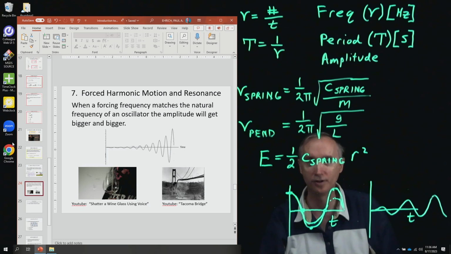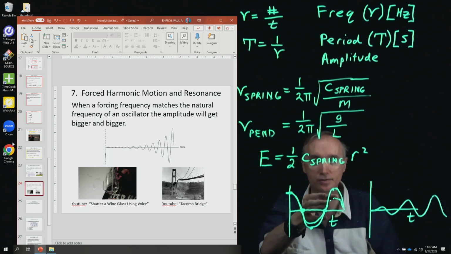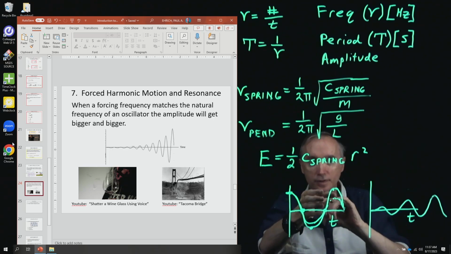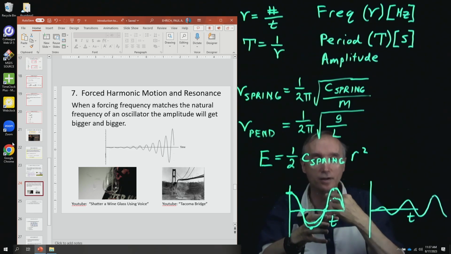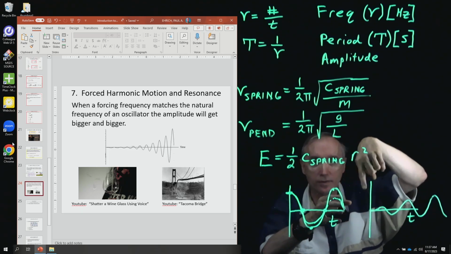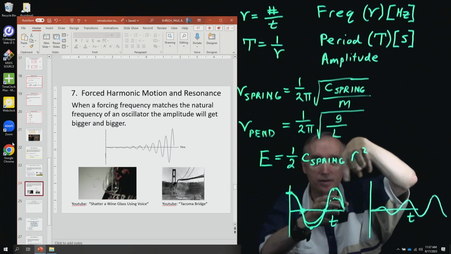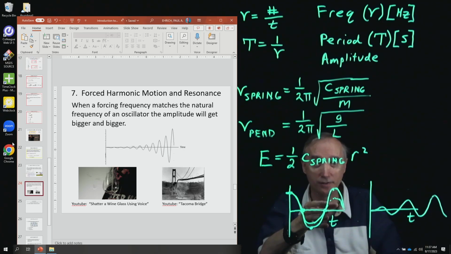Okay, pretty cool. So you've got this old rocker who has the ability to match the frequency of the glass. If you take a glass and ping it, it's going to have a certain frequency. Another way to do it is to lick your finger and go around the edge of it, and it's going to produce a certain frequency.